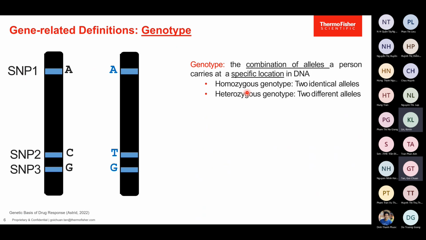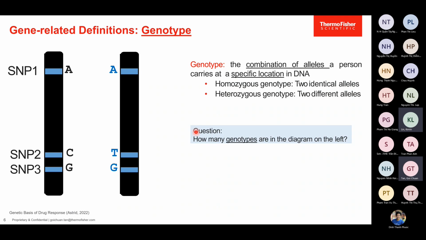So a homozygous genotype means 2 identical alleles, like for example this one here, in this particular SNP location, it is A and A. So this is a homozygous genotype. A heterozygous genotype refers to 2 different alleles. Like in this case over here, in this particular location, it is C and T. So it's different, right? So it's heterozygous.